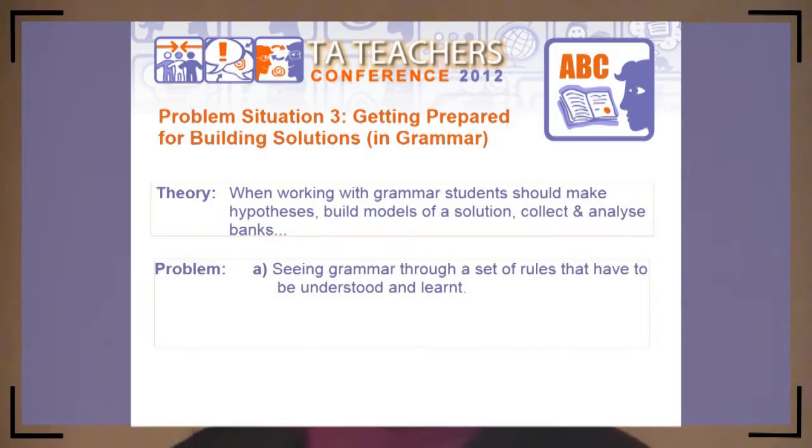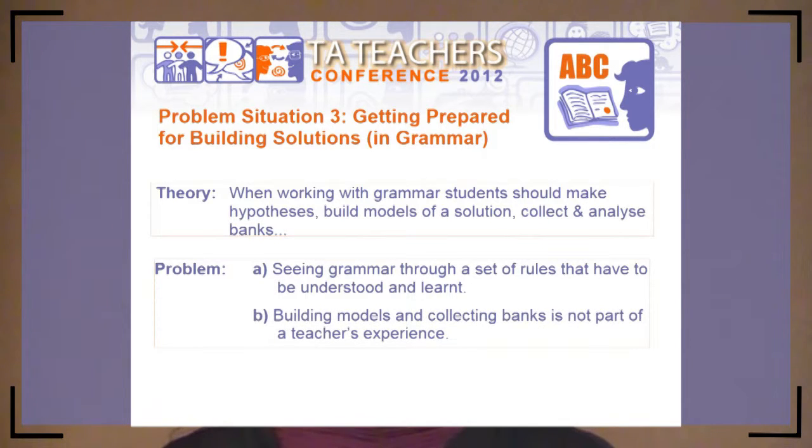So the process seems to be clear. But what is the difficulty for the teacher? I believe that we think about grammar as a certain strict set of rules which has to be learned, to be understood, and then to be practiced. I don't think, at least I have noticed about myself, that I think about grammar as a system. And I have never had in my learning experience, at school or at university, the experience of building something.